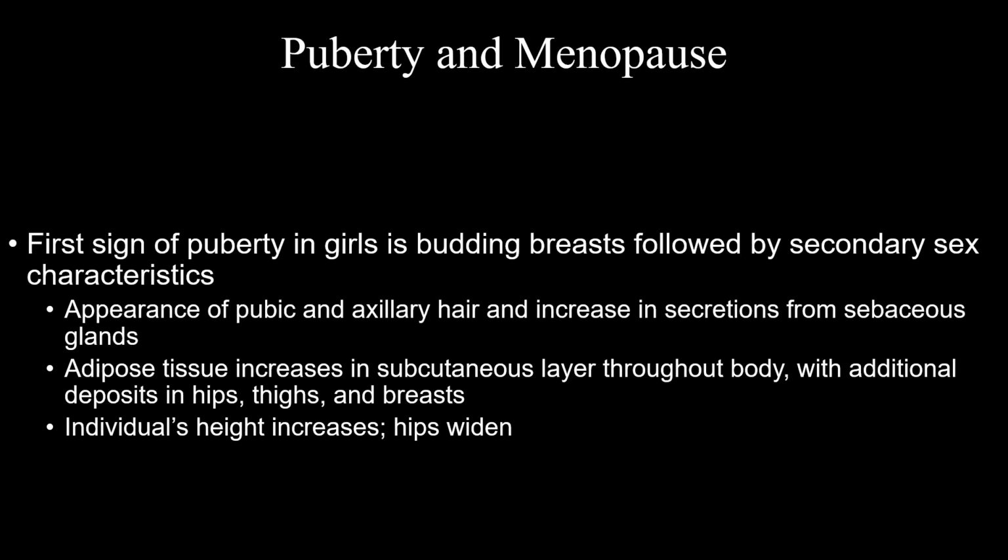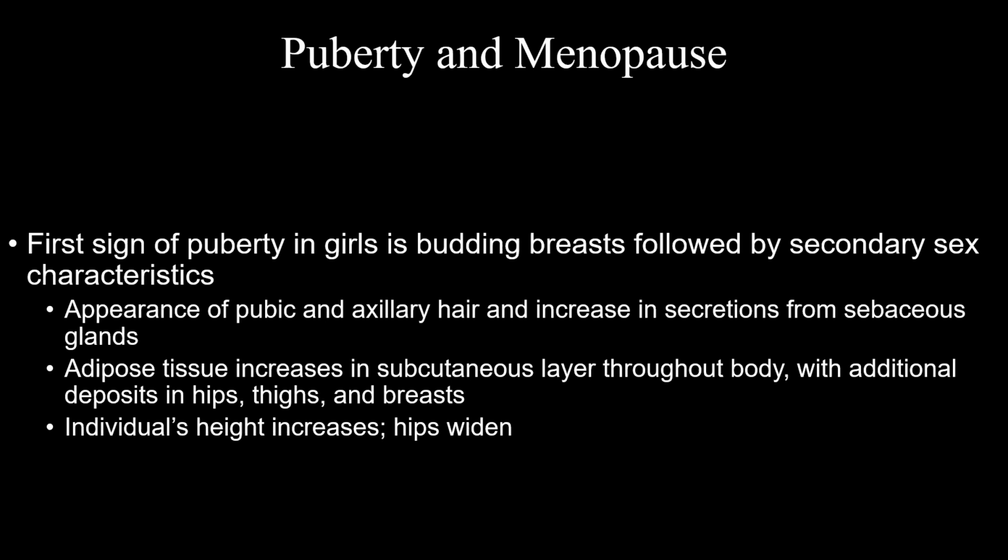an appearance of pubic and axillary hair, an increase in the overall amount of adipose tissue in the subcutaneous layer, additional deposits in the breast and around the hips and thighs, and increased secretions of sebaceous glands. Oilier skin tends to result in acne, and there are also skeletal changes.